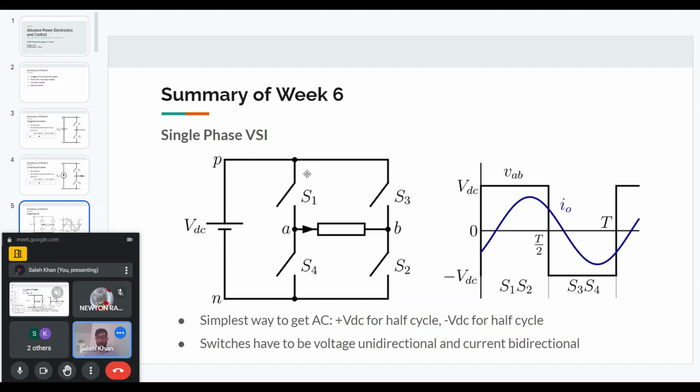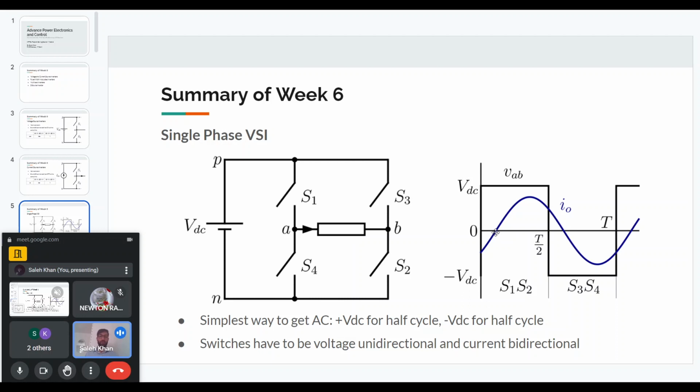So the voltage across S1 is the positive VDC voltage that it has to block. For all these switches, they only have to block the positive VDC voltage. But the current that they are carrying can be positive as well as negative.